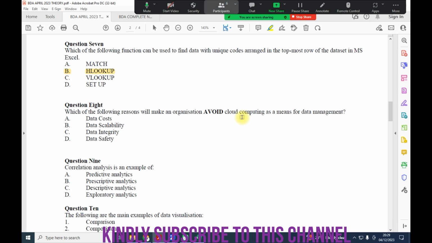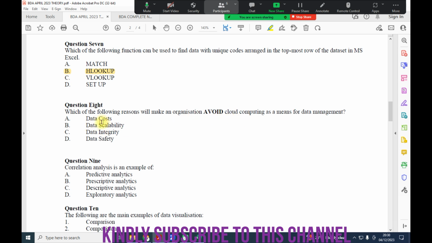We don't store the data in a physical location or physical storage devices like the hard disk and others, but now we are storing it in the cloud, through the internet. So it is virtual. We store our data virtually, we can manage it virtually, we can access it virtually, and that is cloud computing. So which of the following will make an organization avoid it?